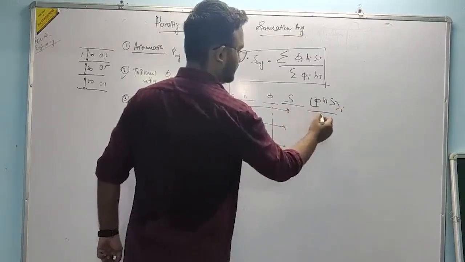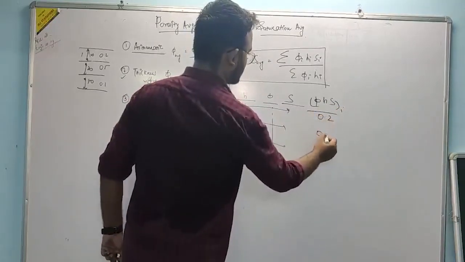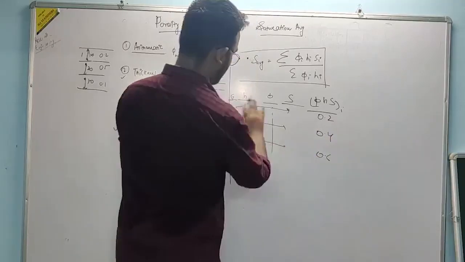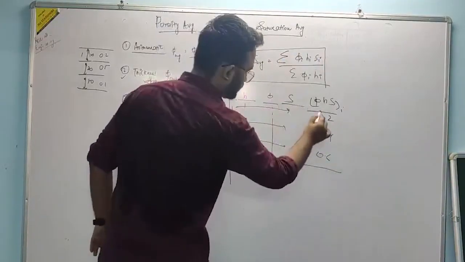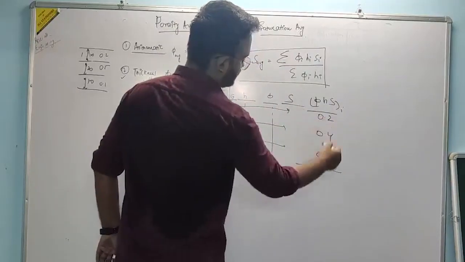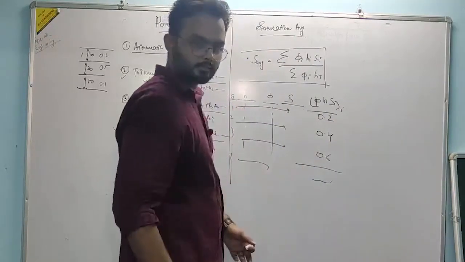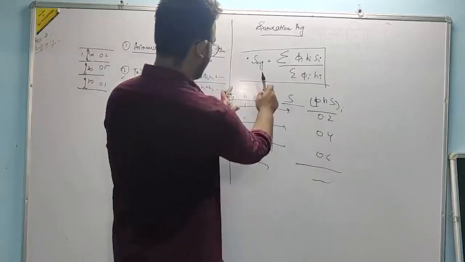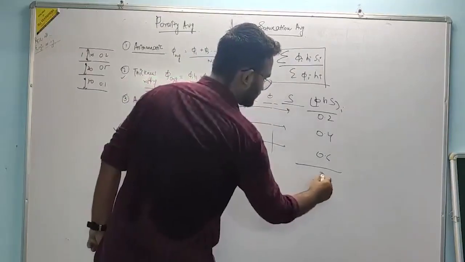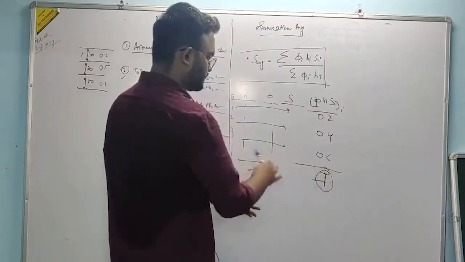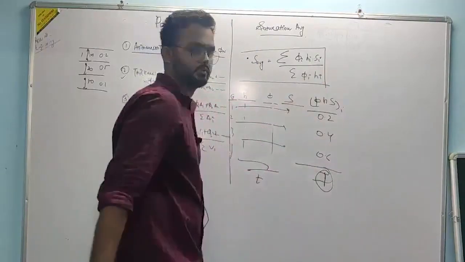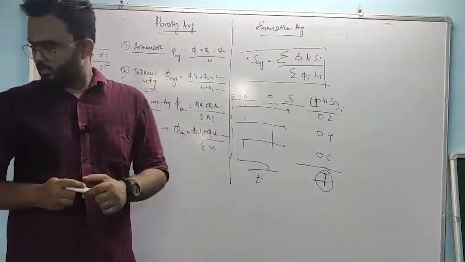Say you get this one is 0.2, this one is 0.4, this one is 0.6 by multiplying these 3 values. Then you get the total. The summation means the total. So in this case, this is the total you get. And phi into h, where is phi into h? This is the total for that column. So the ratio of these totals gives you the average saturation.